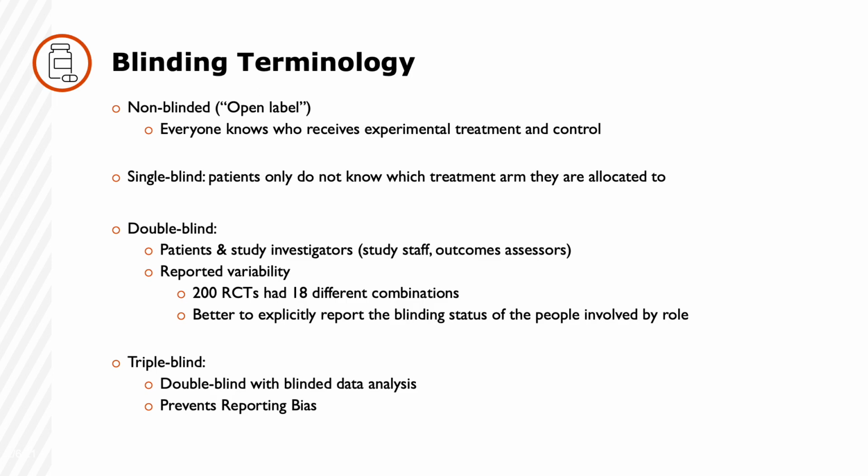And so it is better to explicitly report the blinding status of the people by the role that they have in the study. Finally, triple blind refers to the additional step of the statistician being blinded during data analysis. And this also helps prevent reporting bias.